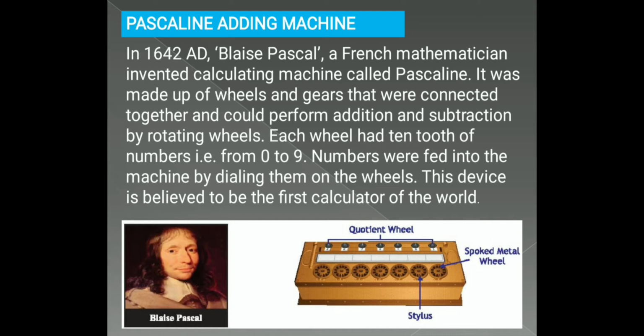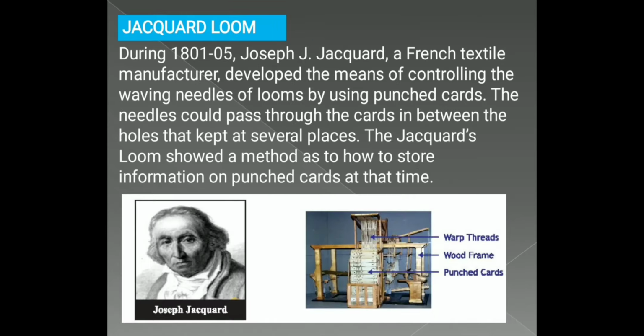Each wheel had 10 teeth numbered from 0 to 9. Numbers were fed into the machine by dialing them on the wheel. This device is believed to be the first calculator of the world.